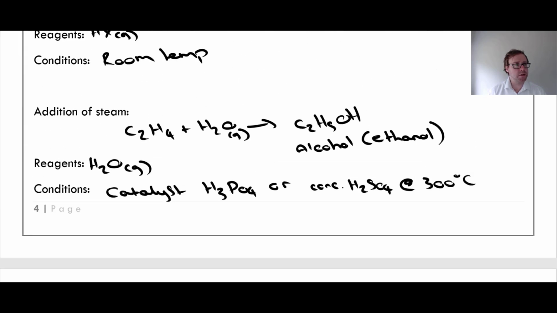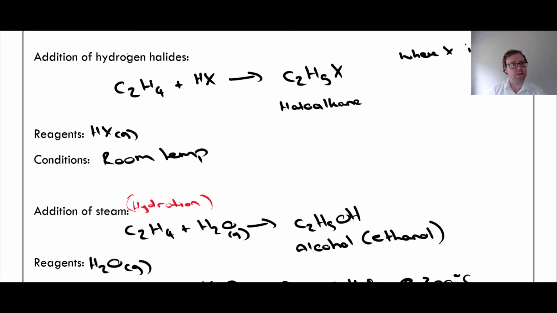Now, I forgot to mention that we said the addition of steam was adding H2O. This may also be called hydration. And we can also add these. Addition of hydrogen halides may be called halogenation.